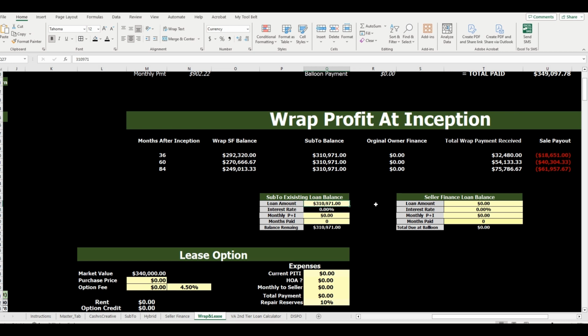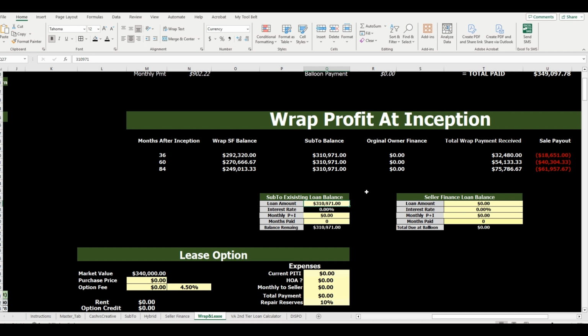So this number represents the original loan balance at the time that the seller took out the loan. In most cases, the seller had a purchase price for their own property. They put down a down payment, and the remainder is the loan amount. And so in this case, my existing loan amount on an underlying mortgage that I will be taking over subject to, that loan amount is $310,971.